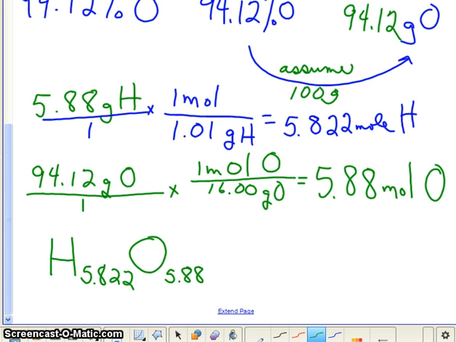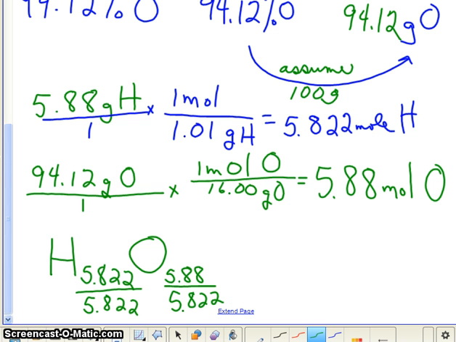But I suggest when you're doing these problems, you do it this way, because what that allows you to do is keep track of the moles. I look at these two, I want to simplify the ratio. 5.822 is smaller than 5.88, so I'm going to divide both of these by the same number.